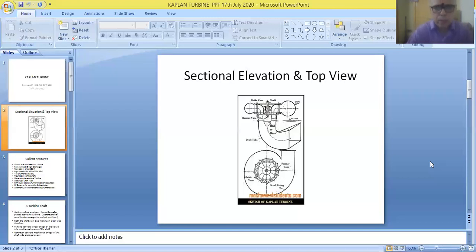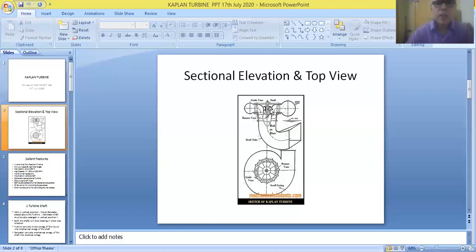Now, as I have already mentioned, the shaft of the turbine will be arranged in a vertical position. So therefore, it will look like a rectangle in the sectional elevation of the turbine, and at the same time, it will appear in the form of a circle in the top view of the machine.